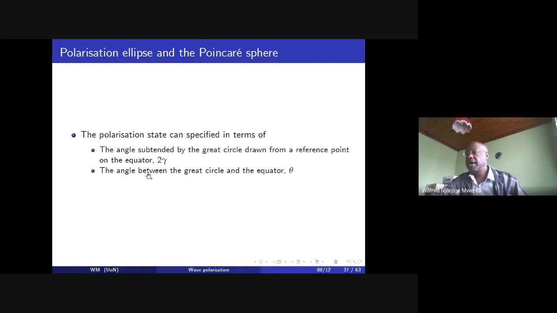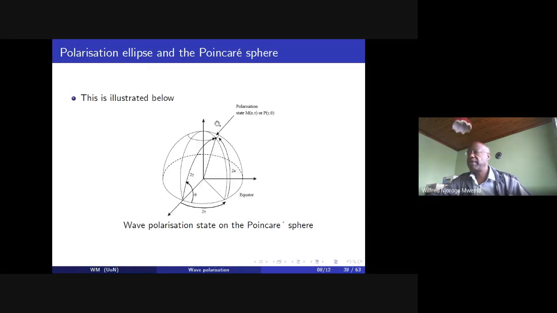So the angle between the great circle and the equator, which is theta, is also part of that state. This is how we define them. The great circle passing through the point we are dealing with has an angle of twice gamma with the reference point.